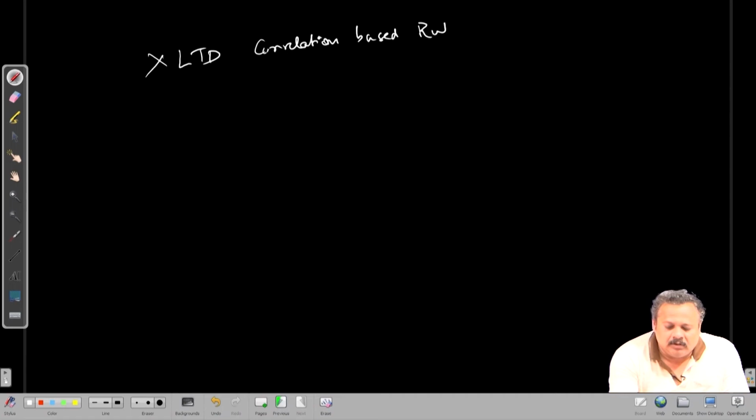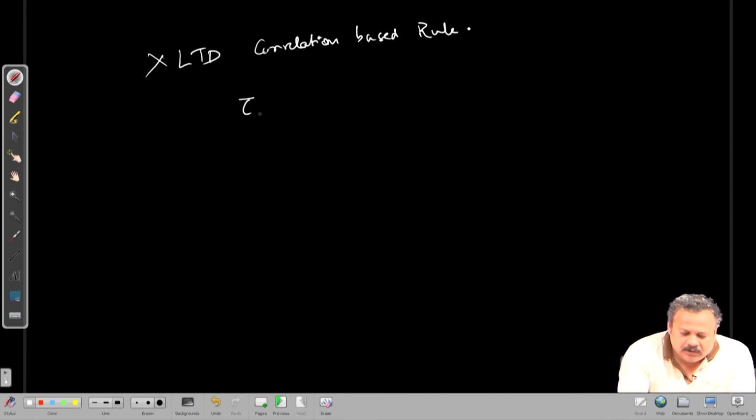Rule, not model, correlation based rule. So, what is introduced in there is dw dt, that is how the rates are changing with time, again with the same idea.